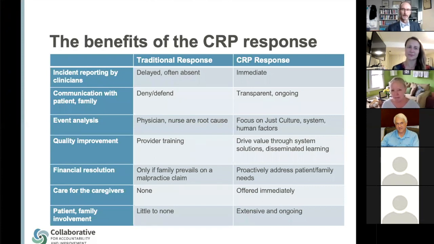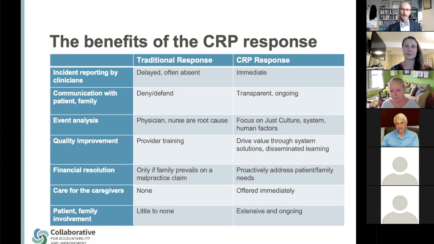These are just some of the generic benefits of a communication and resolution program, and we can talk about them a little bit in relationship to Suz's event. Suz, we don't know if this surgeon or anybody reported the event into an incident reporting system at the hospital, and you don't have any evidence that there was any kind of analysis of the event and what's going to improve.